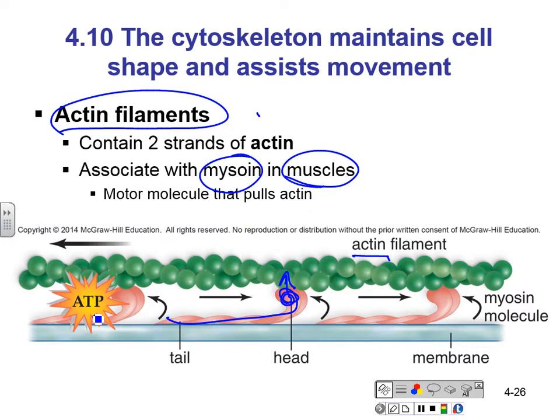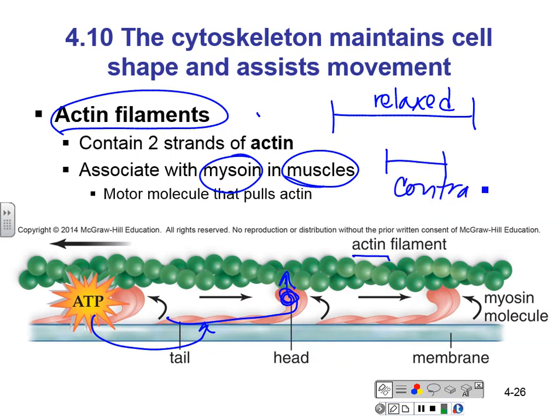So ATP allows for these molecules to pull on each other, and this generates muscle contraction. Usually if a muscle is long, it's relaxed. And when it pulls like this, it becomes shorter, and this is contraction. You have to have ATP in order for this action to occur.